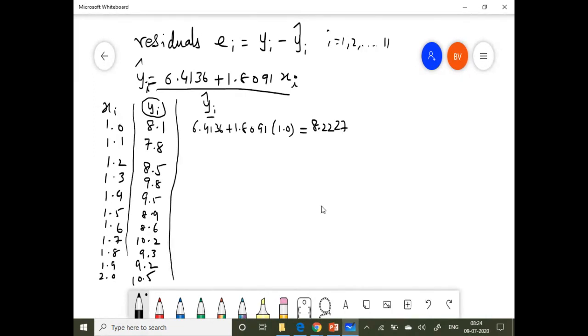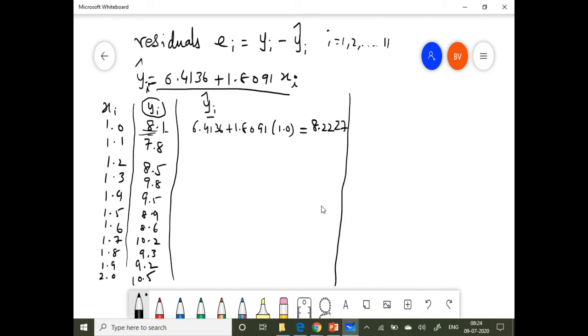So this is your given information: x is here, y is here. Now we are finding yi cap, the forecasted values for x. This is the given original value, but when you forecast the value by using x, what is the difference between them? What is the error, the residual, isn't it?